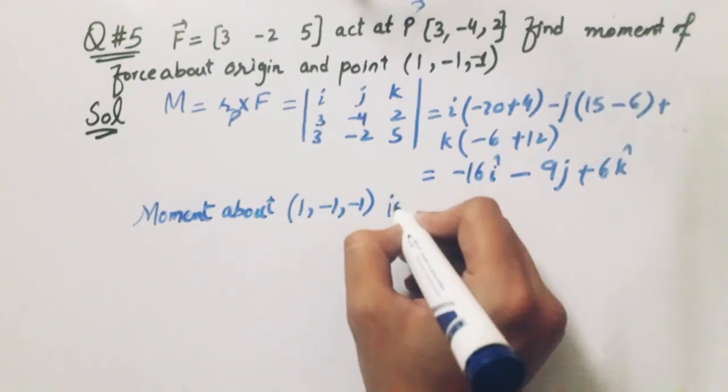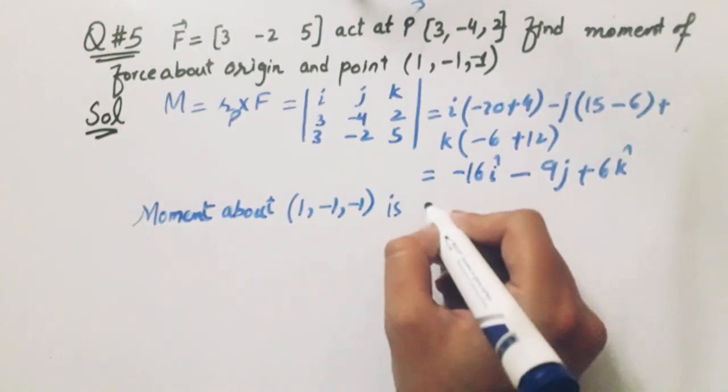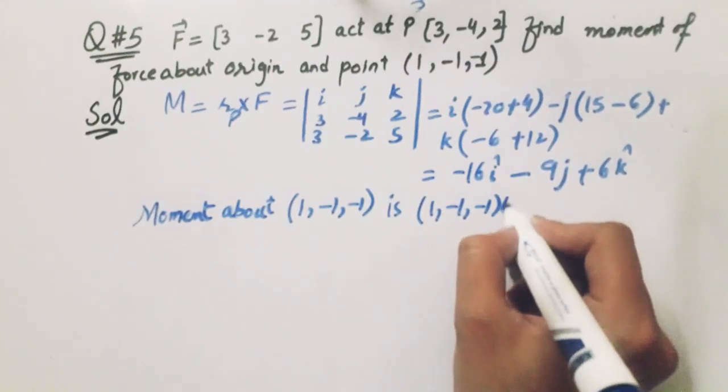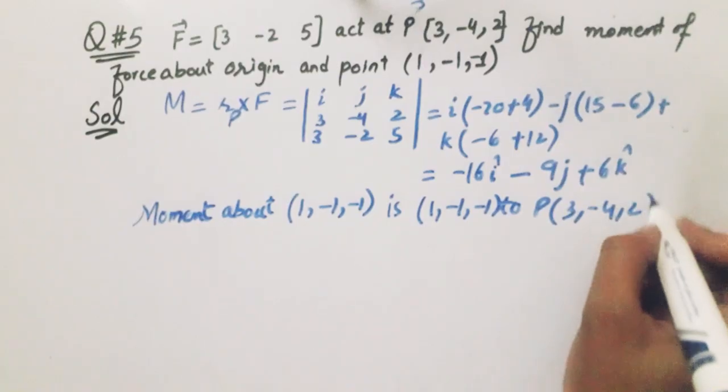It is found from 1, minus 1 and minus 1 to point P, that is 3, minus 4 and 2.